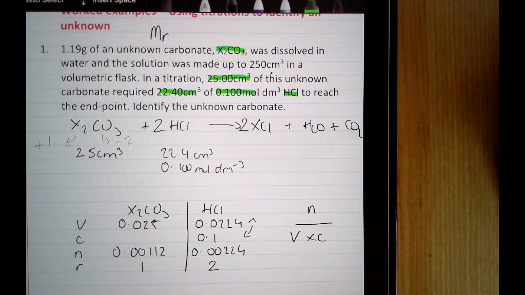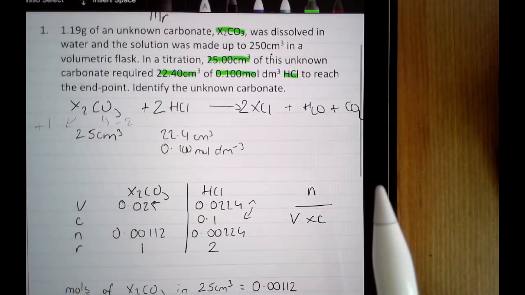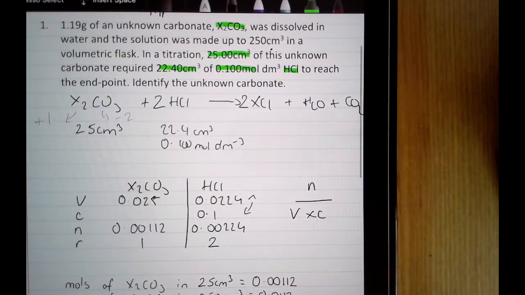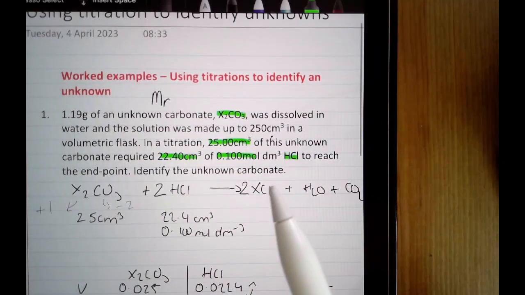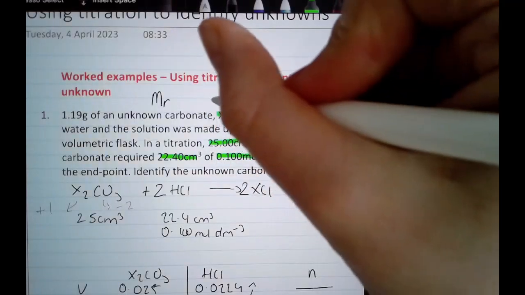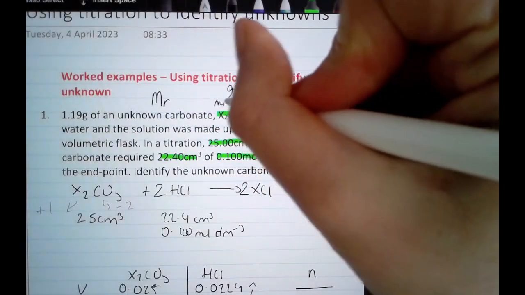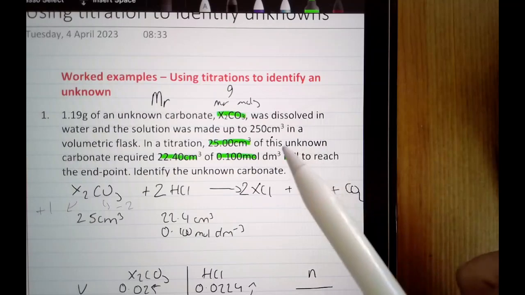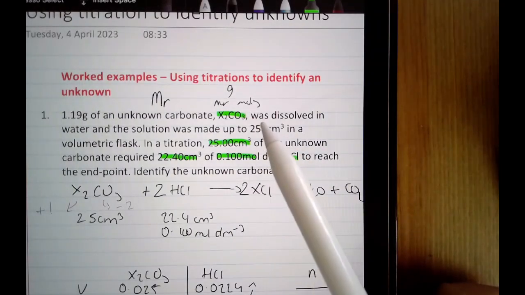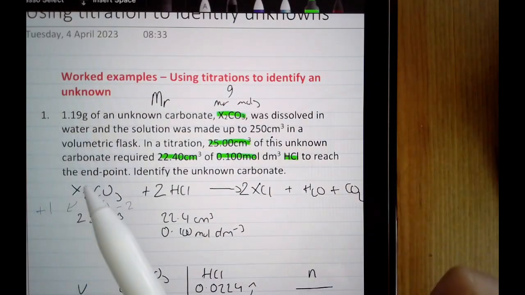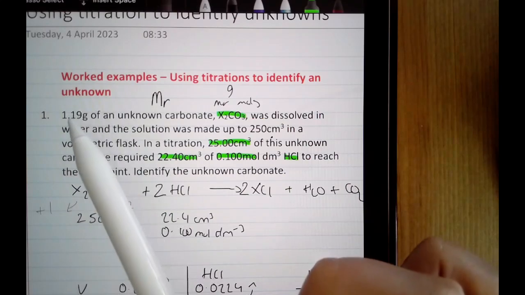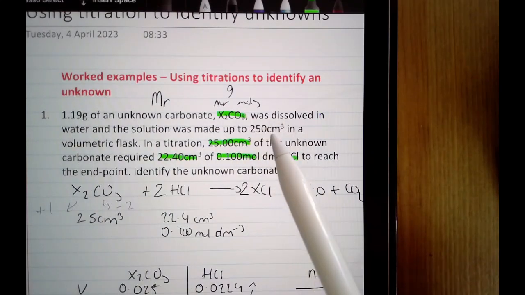Now, you could work out the concentration, but you don't really need it. What I've got now is the number of moles of my carbonate in 25 centimetres cubed. Now, I said that I wanted to find formula mass, and to find formula mass, I'm going to use my g, Mr, moles triangle. I've just worked out moles in 25 centimetres cubed, and I've got mass in the question. But if I look, the mass is per 250 centimetres cubed.